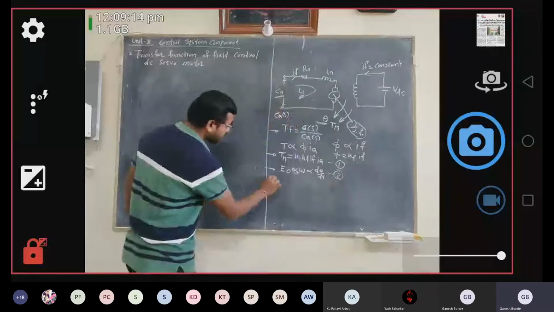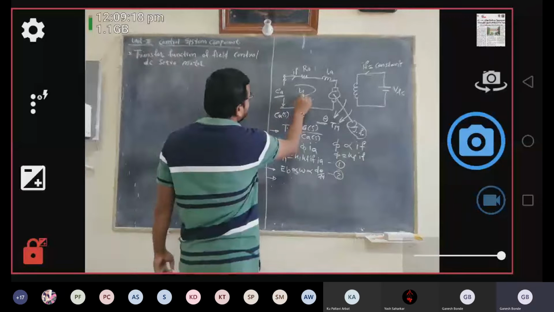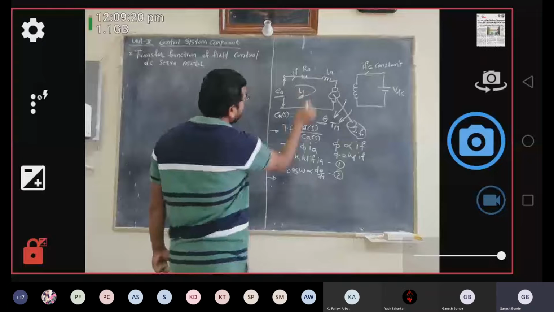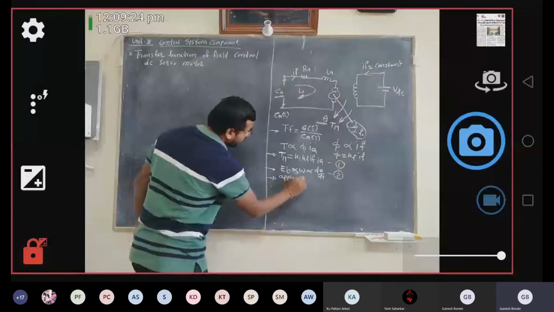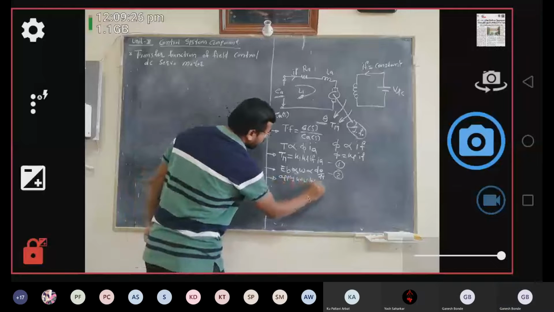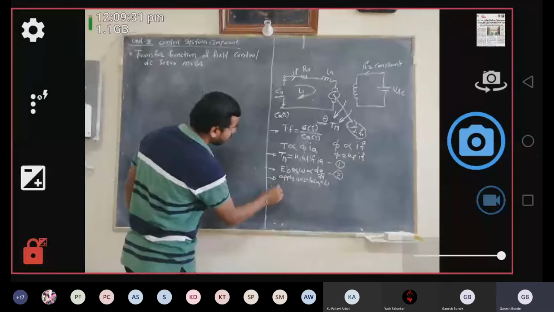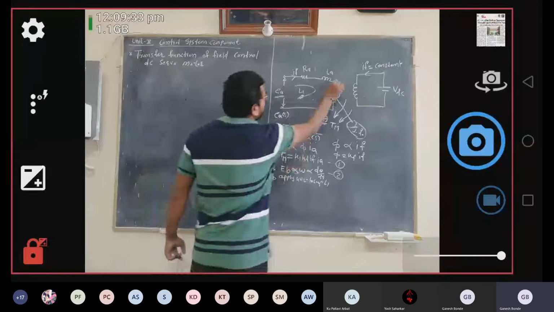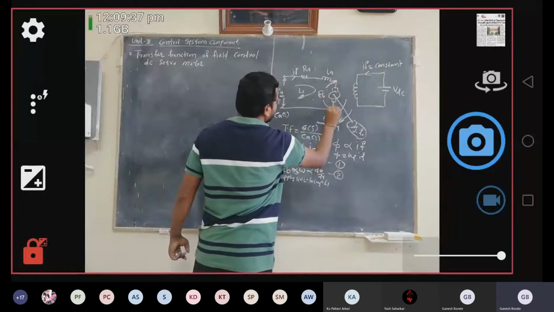Then next, we apply Kirchhoff's voltage law KVL to this loop L1. So apply KVL to loop L1, that is the armature circuit. So we got this expression, and the voltage across these two terminals is your back EMF EB.